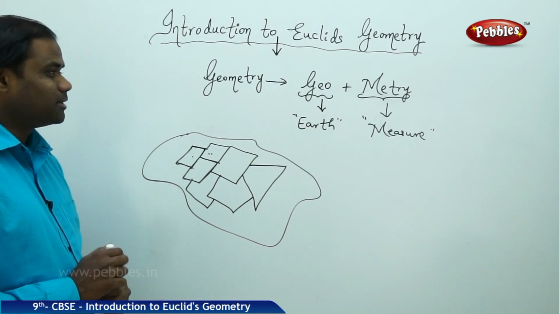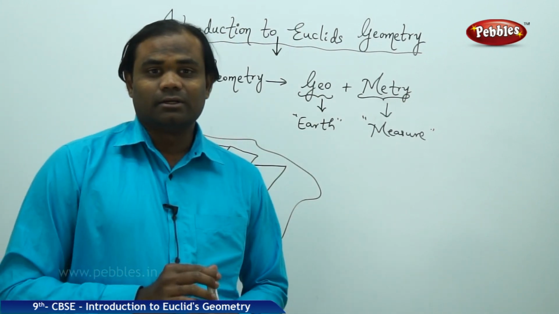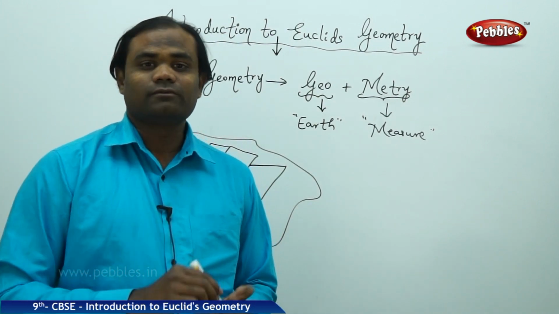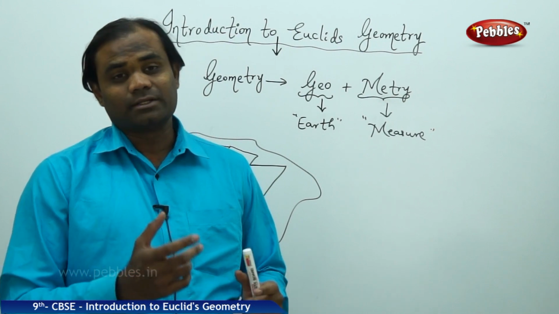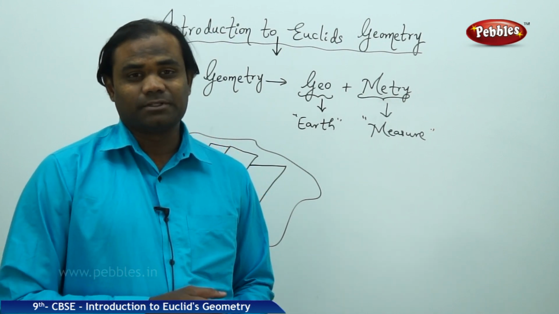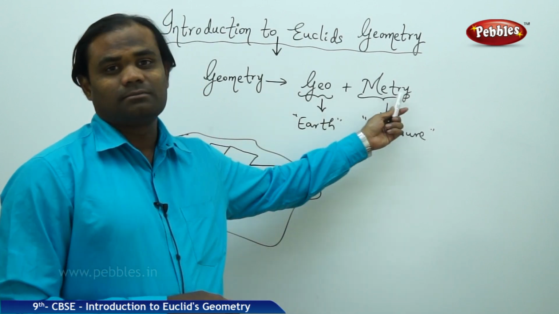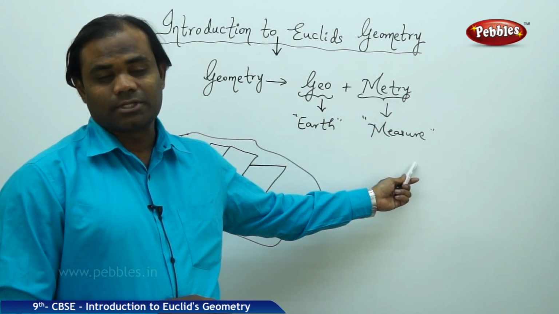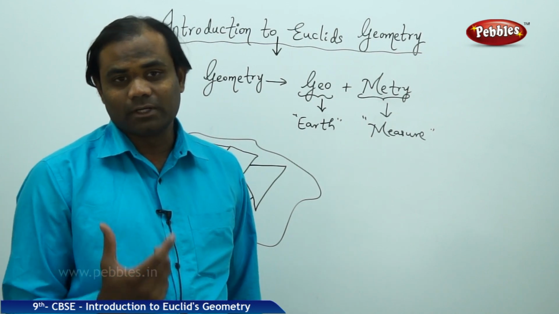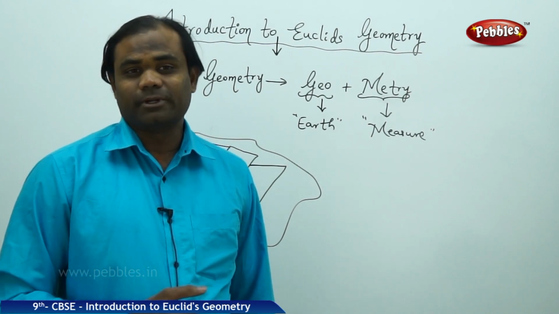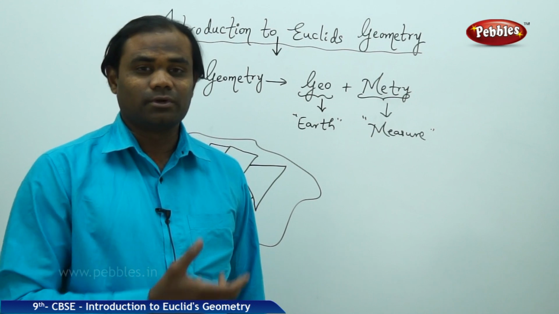The geometrical measurements were strictly the inventions of the topic of geometry, dedicated to all the past mathematicians. Geometry: geo for earth, metry for measure. The study or measure of earth is called geometry, the topic we are going to learn in today's session.